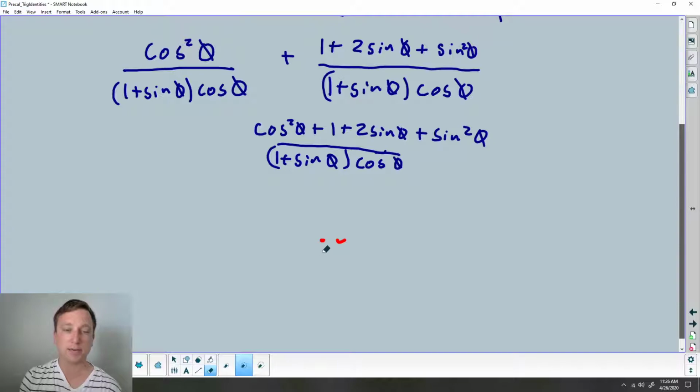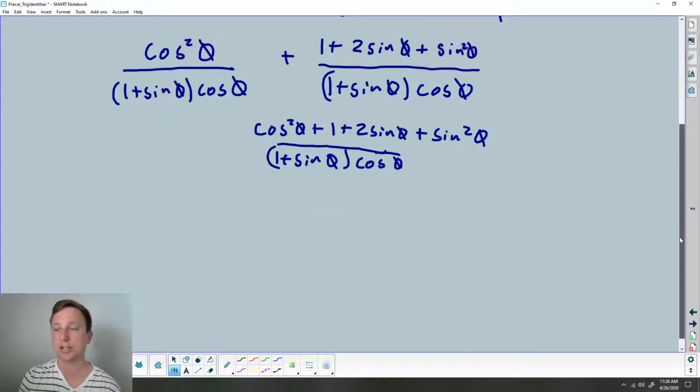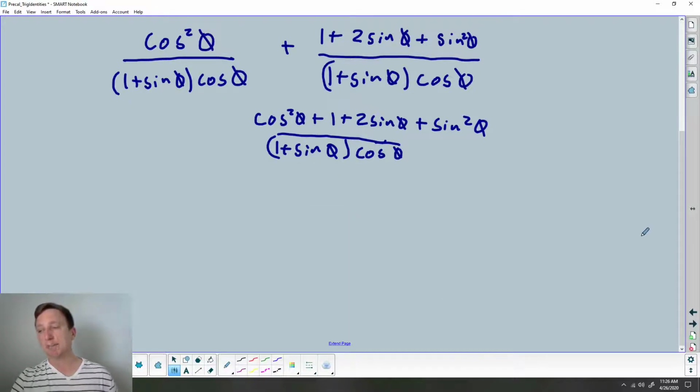Now what we need to do is clean up that numerator specifically, because there's a lot going on. Just like I mentioned in the last video, we're looking for a Pythagorean identity, which is cosine squared theta plus sine squared theta. We have that. We have a cosine squared theta starting it and a sine squared theta ending it.